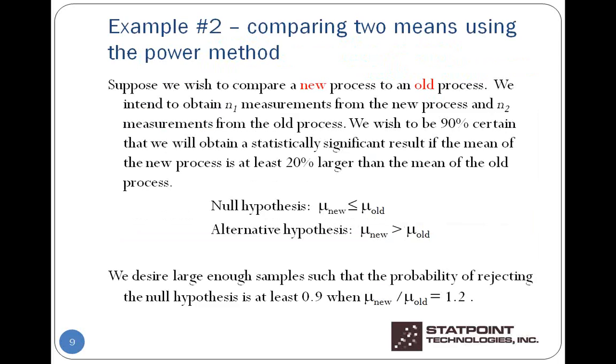If my samples are 30 or greater, we're fairly comfortable that what's called the central limit theorem will take hold and make these means act as if they follow a normal distribution.